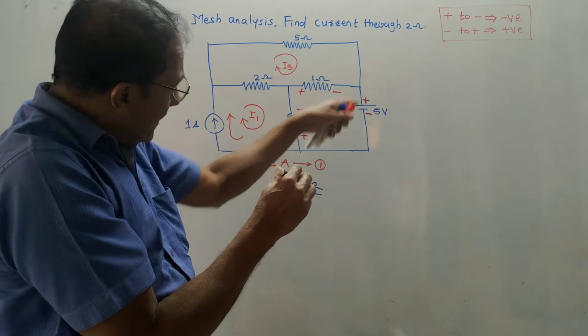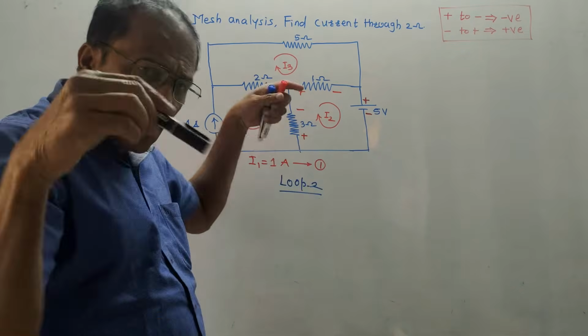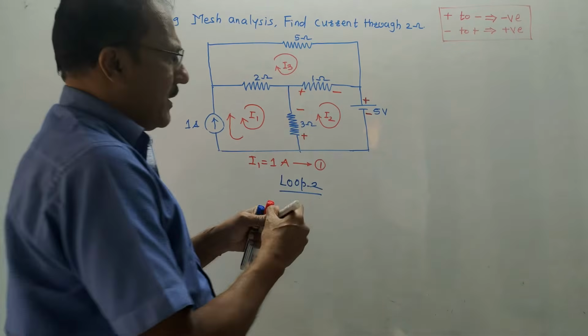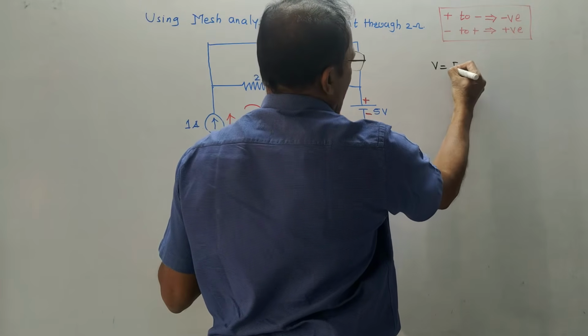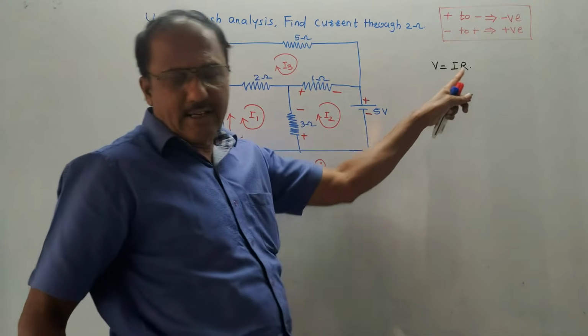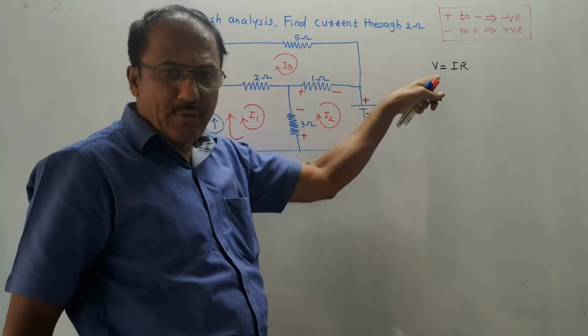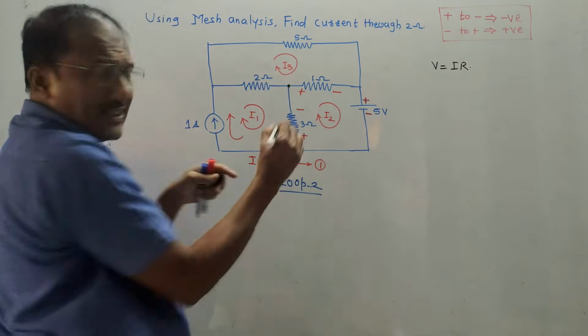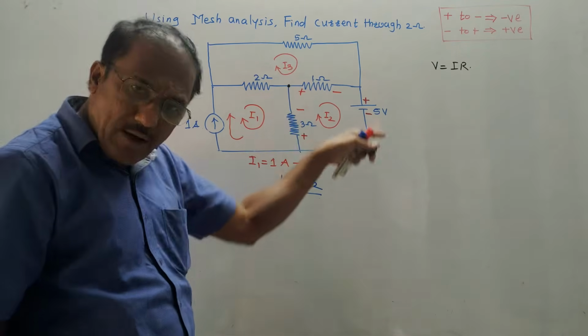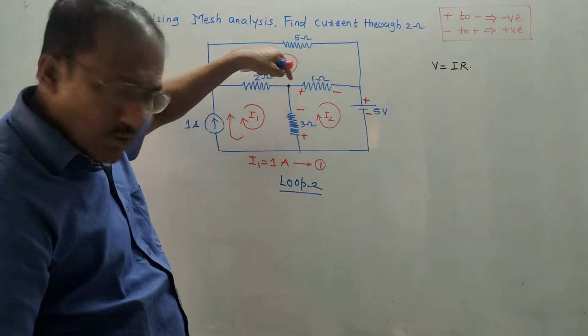Now, how to generate the equation? One more thing, after marking the polarity, you need to write the equation of voltage drop. How to write it? Basic formula of voltage, V is equal to I into R. I is current, R is resistance. So using this formula, you need to write the equations of voltage. Let us start from this point. You can start from any point, but you need to come back to the same point. So I am talking about loop 2.